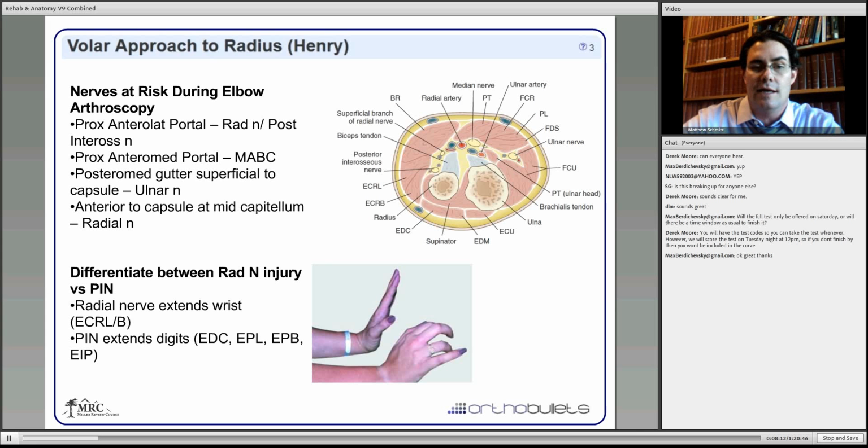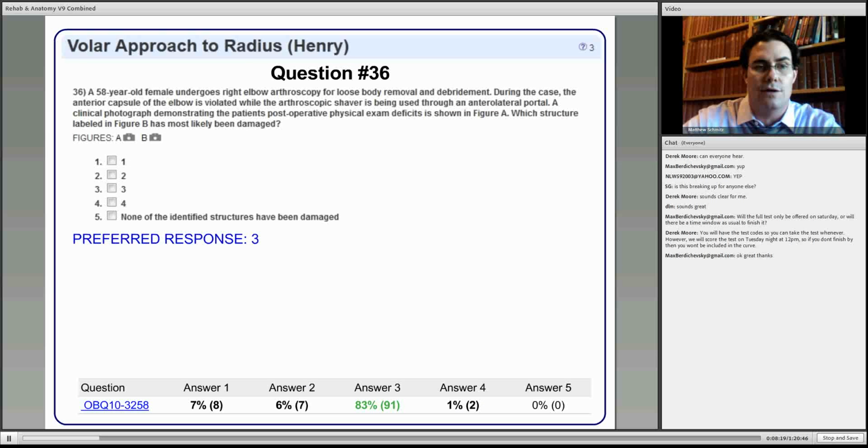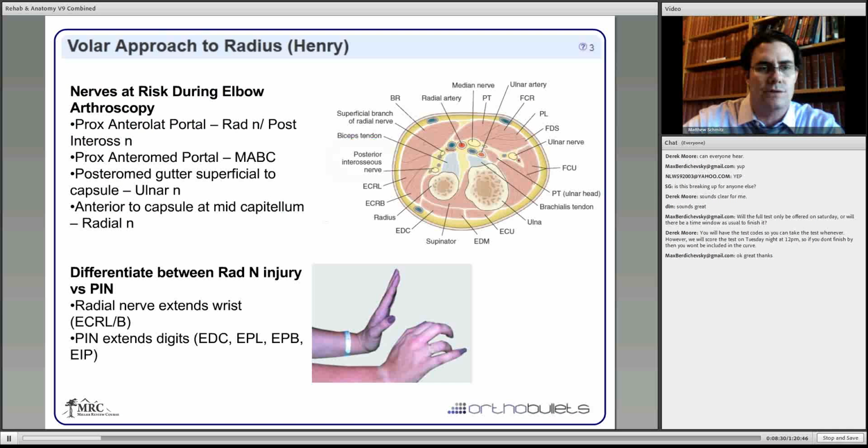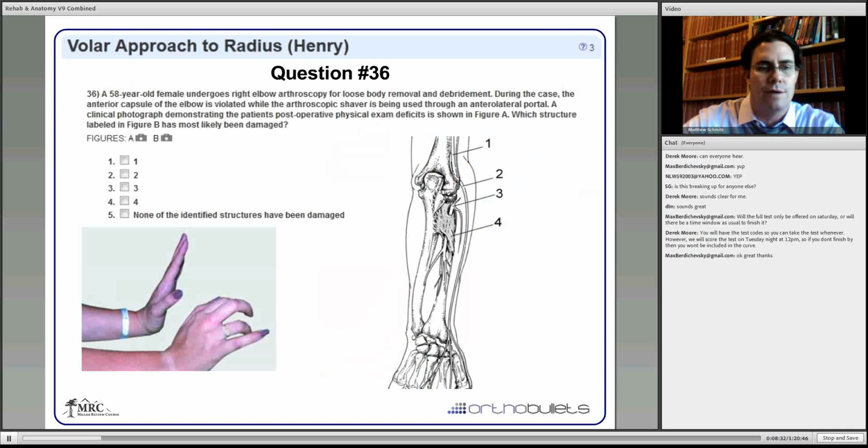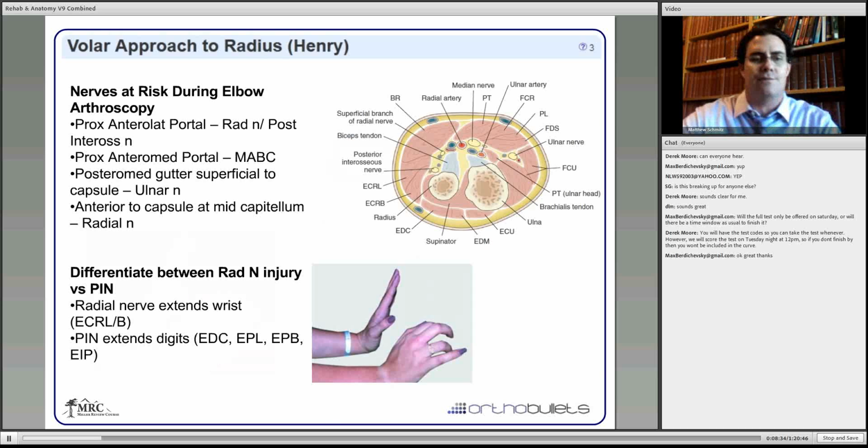As you can see in the clinical picture, the patient is able to extend their wrist but cannot extend their fingers, so therefore the PIN is the nerve that was injured, which was labeled there on the diagram. It looks like a majority of people answered that correctly, and the rest answered radial nerve, but obviously that's where we've got to make that differentiation.